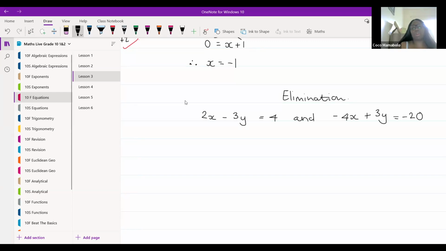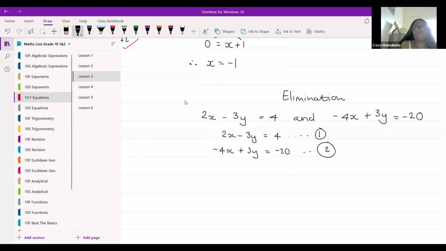All right, first thing I'm going to do is label 2x minus 3y is equal to 4. That's equation 1. And then negative 4x plus 3y is equal to negative 20. That becomes equation 2. Now, immediately I can see that I can minus these two because I have 3y and 3y.